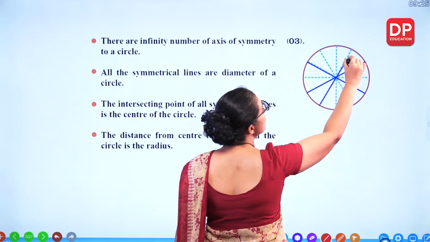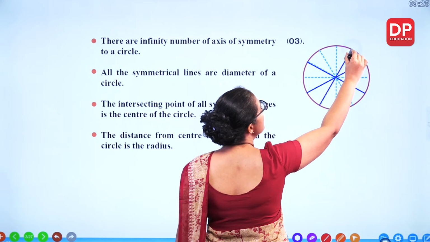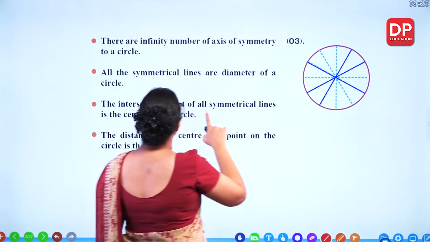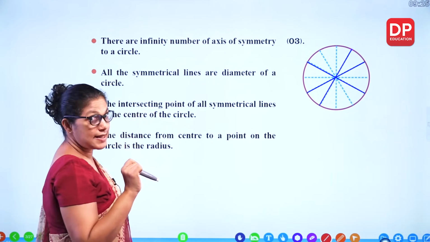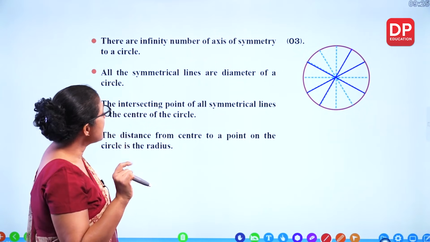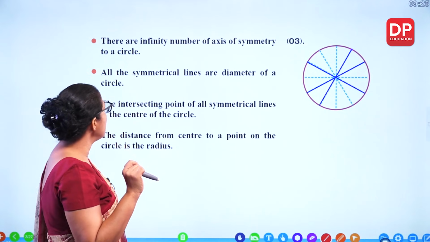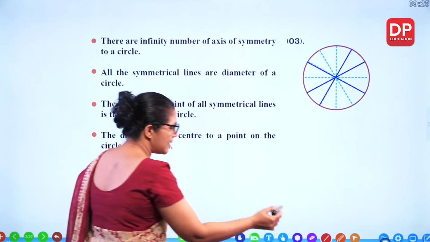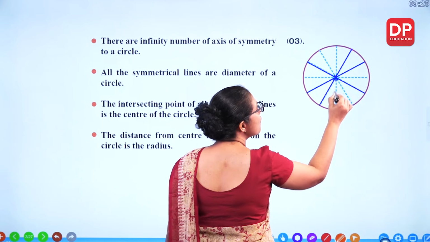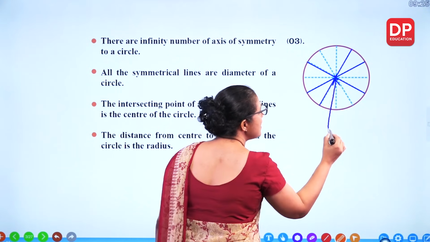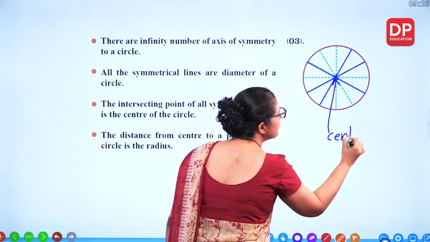This is also a diameter. So all the symmetrical lines are diameters of a circle, and the intersecting point of all symmetrical lines is the center. So where's the center? This is the center of the circle. I'll label this. This is the center.